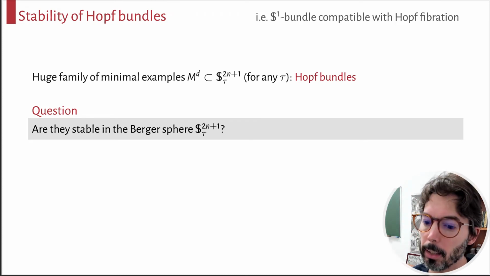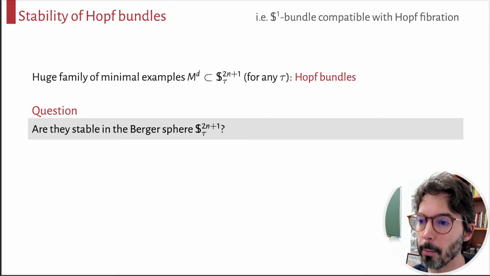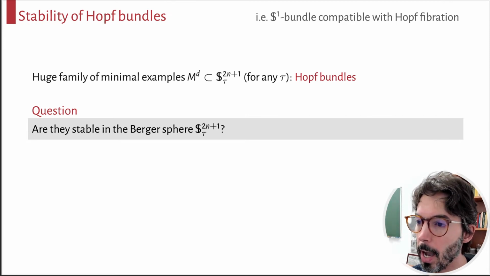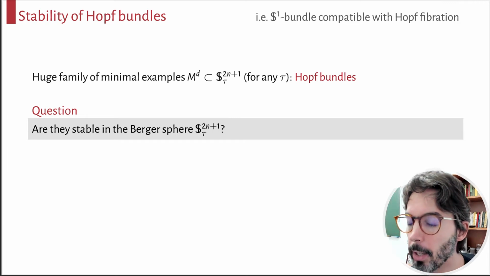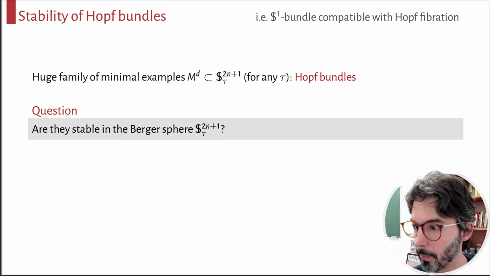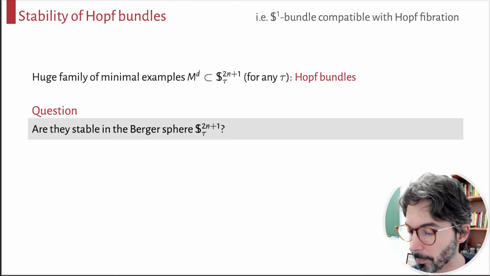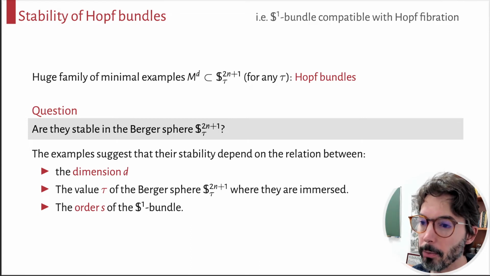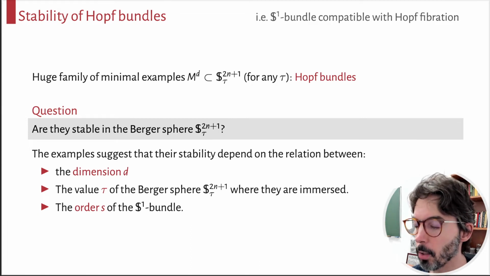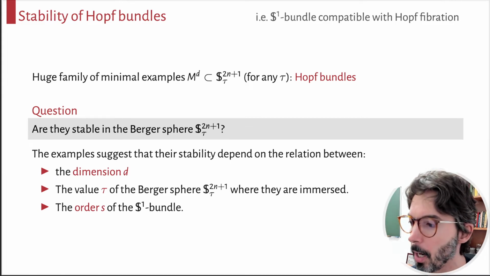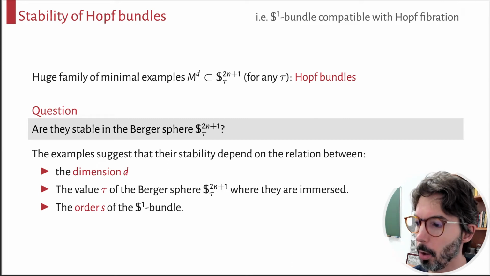We have seen that 2 of these examples, the totally geodesic Berger sphere and the Veronese examples, are stable if the parameter tau is less than or equal to some special value. So these examples suggest that the stability of Hopf bundles will depend on the dimension of the Hopf bundle, the value tau of the parameter of the metric, and the order of the bundle.